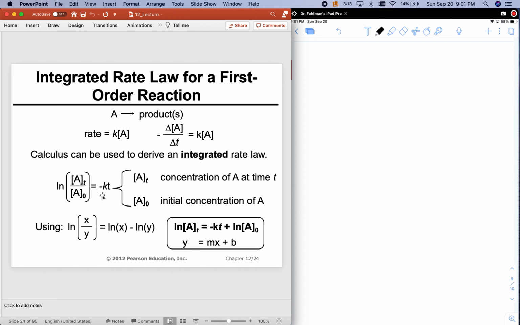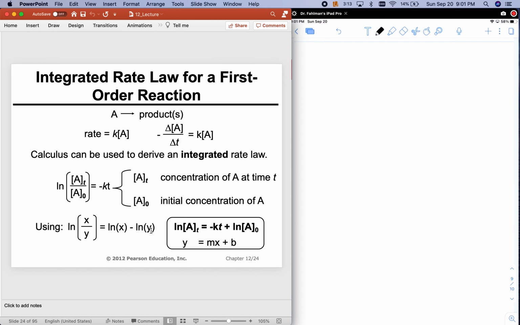Remembering something from a previous math class, if you have the natural log of a numerator over a denominator, you can turn that into the natural log of the numerator minus the natural log of the denominator. That's the law of natural logs.